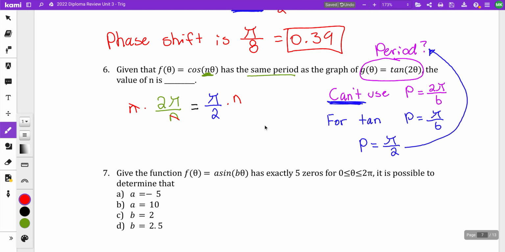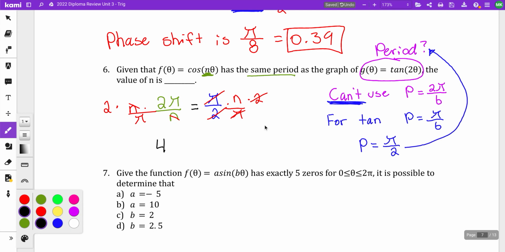You can do that in chunks. I could divide by pi on both sides, and I could multiply by 2 to the other side. You should end up with 4 equals n. The pi's end up canceling out. We get 2 times 2 equals 4. n is 4.